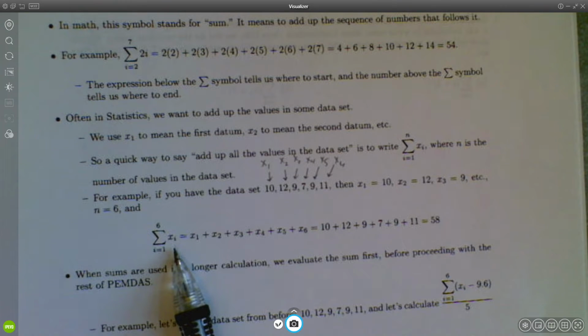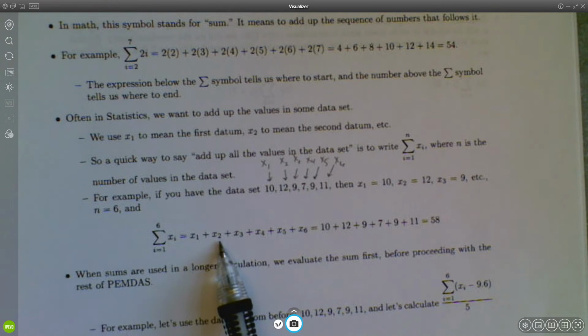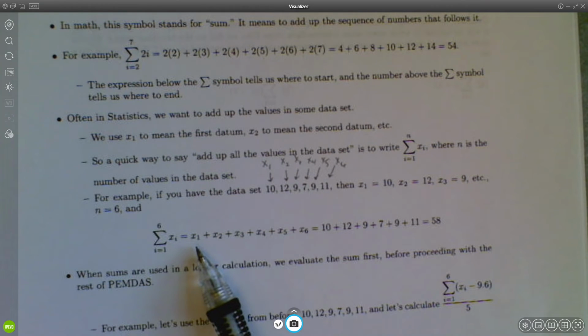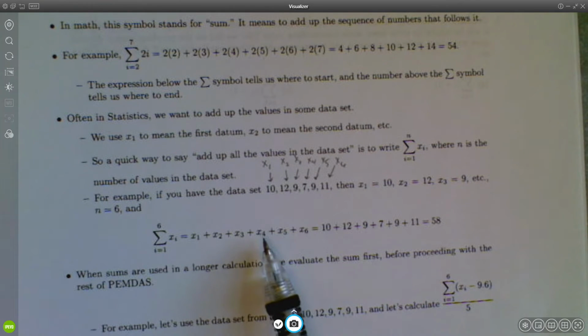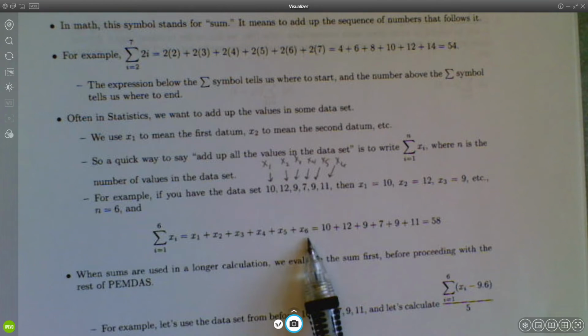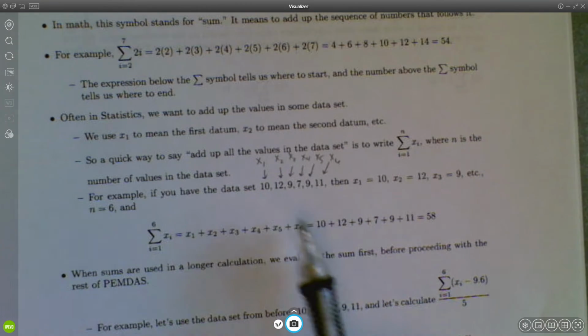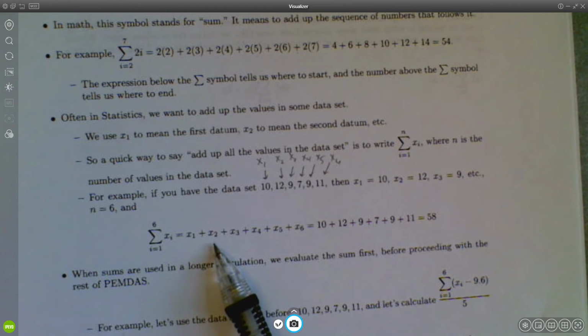Okay? So if you had an expression that said sum from i equals 1 to 6 of x sub i, that means you're going to replace the i with a 1, and then a 2, and then a 3, and you're going to keep going until you get to 6. So we're going to do x1 plus x2 plus x3 plus x4 plus x5 plus x6. Well, what was x1? It was 10, right? What was x2?